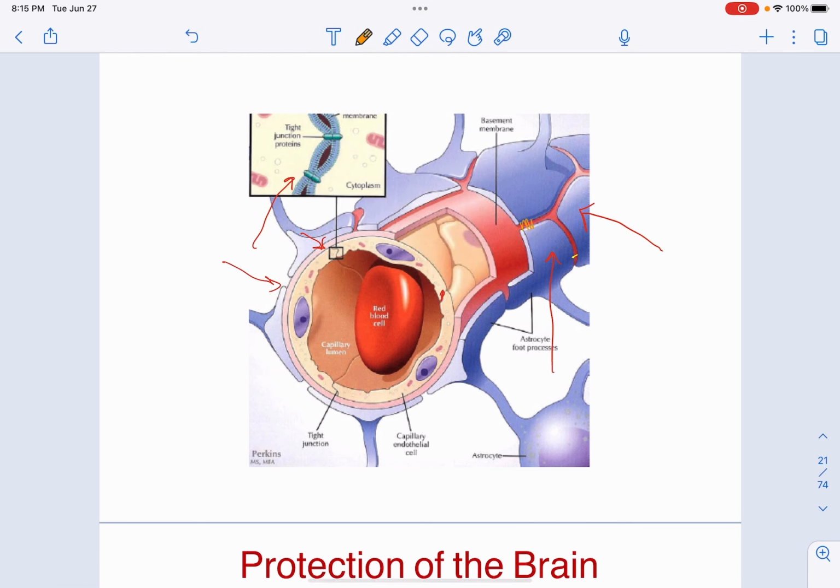So you would have tight junctions running in between all of these foot processes, kind of stitching them together. So not only does something have to cross the epithelium, but it also has to be transferred by the astrocyte. So ultimately, it's the astrocyte that decides what gets in and what comes out of this blood vessel.